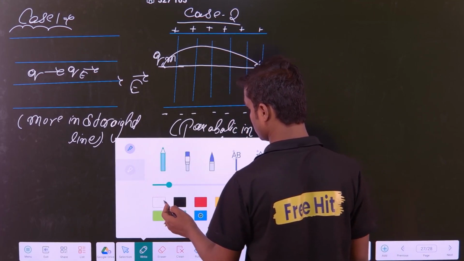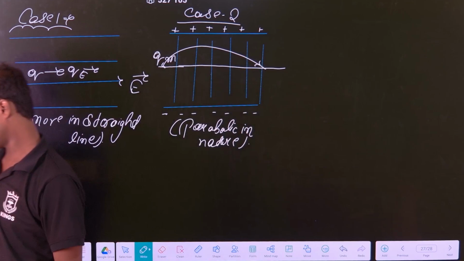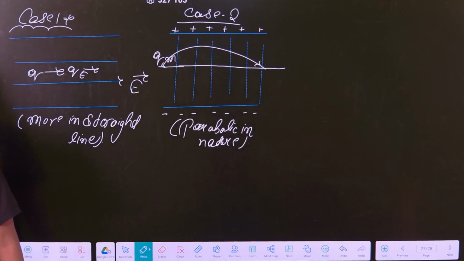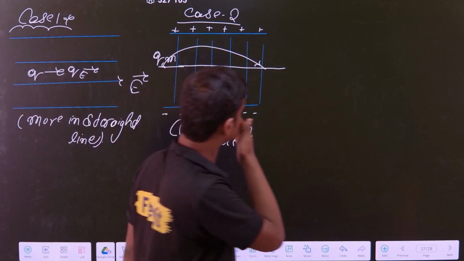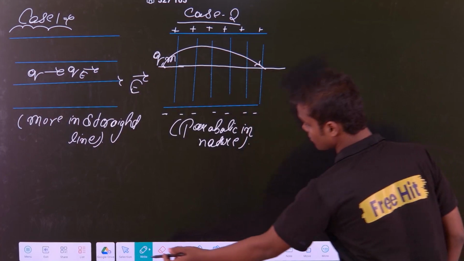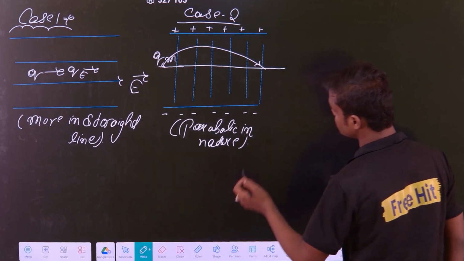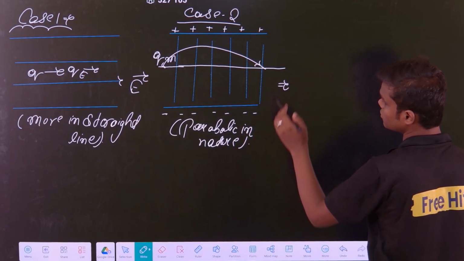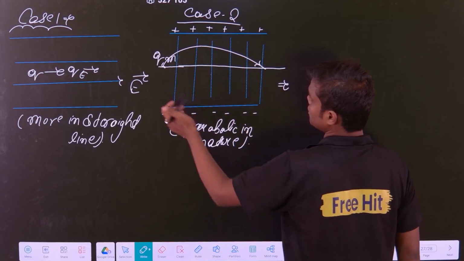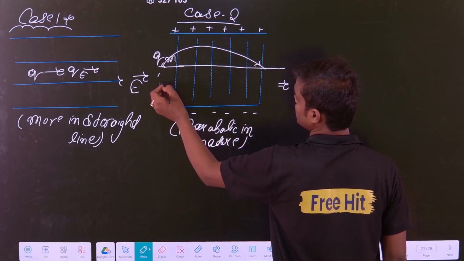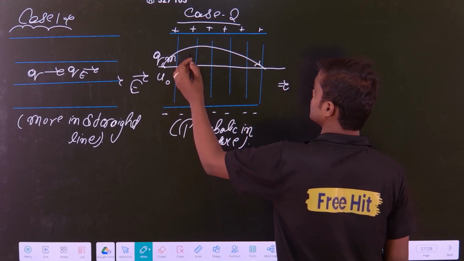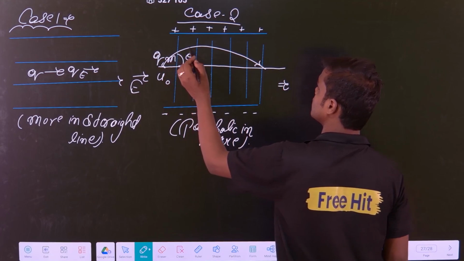Okay, so let us see one very important case. If in this question only, suppose the initial velocity is v naught, it has been thrown at an angle of theta, everything is given.